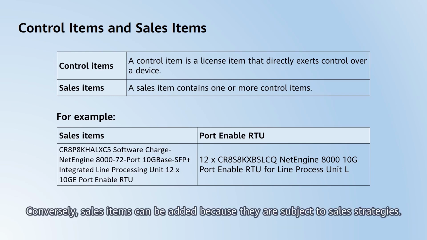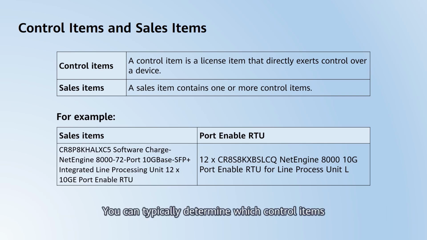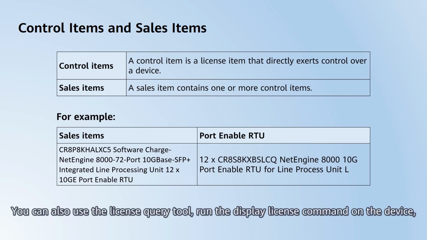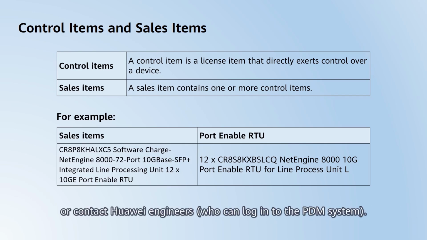Conversely, sales items can be added because they are subject to sales strategies. You can typically determine which control items are contained in a sales item from its description. You can also use the License Query tool, run the Display License command on the device, or contact Huawei engineers who can log in to the PDM system.